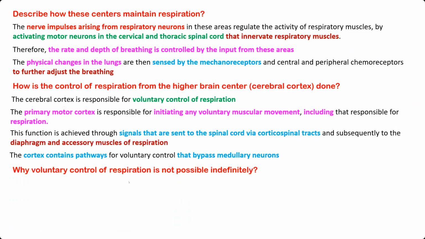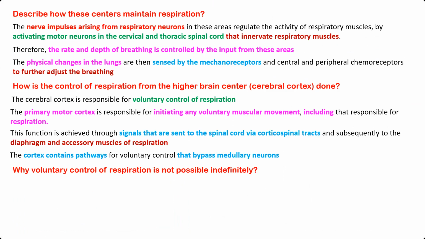So why is voluntary control of respiration not possible indefinitely? When you ask the patient to hold the breath, after a few seconds or minutes, he will have to start his own respiration. Why? You cannot endlessly hold your breath, isn't it? What is the reason for that? Hypoxemia and hypercapnia, sir.